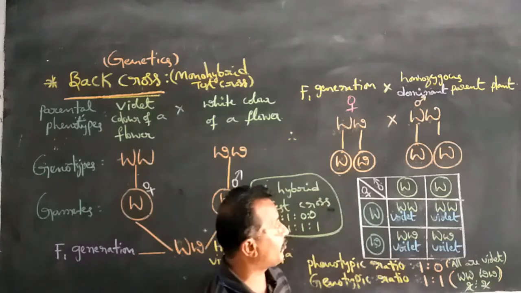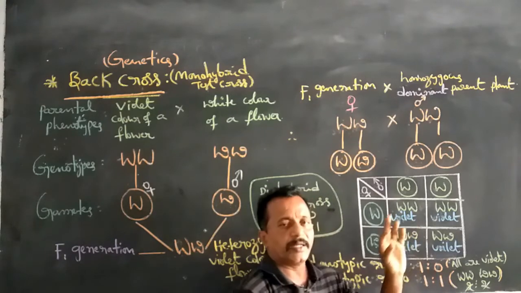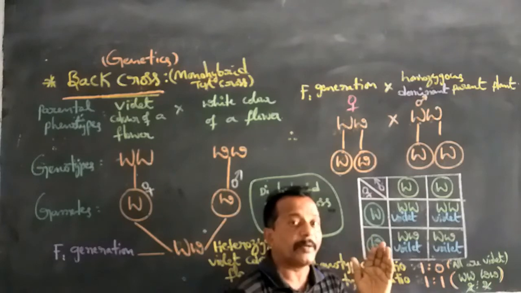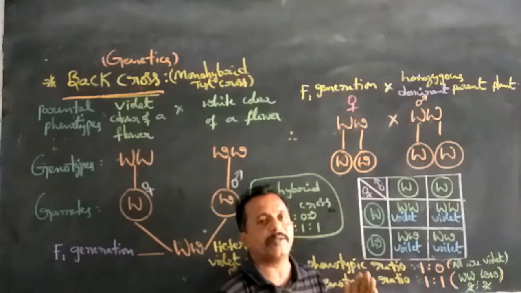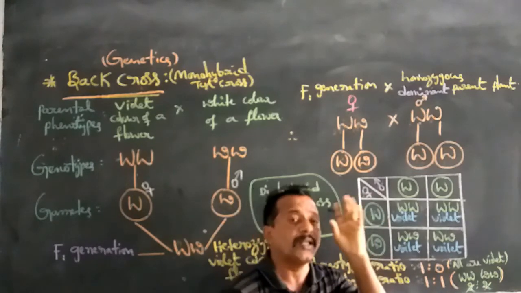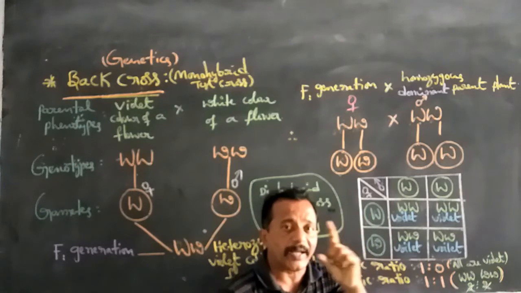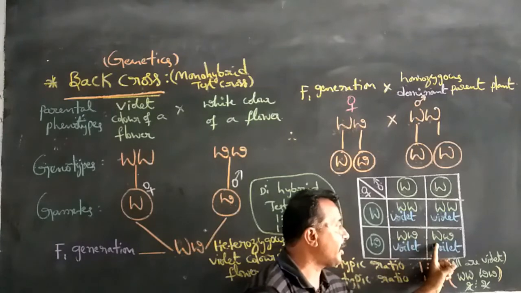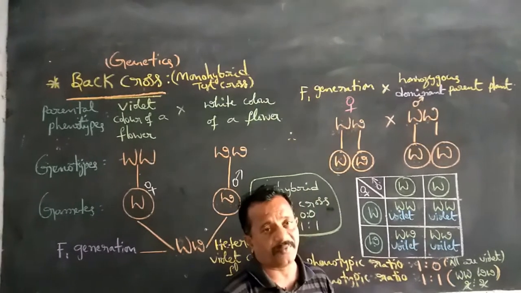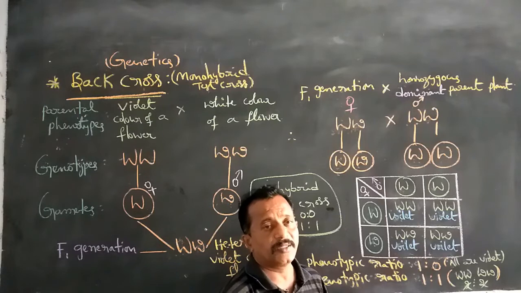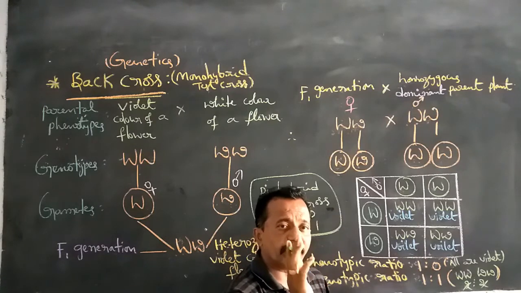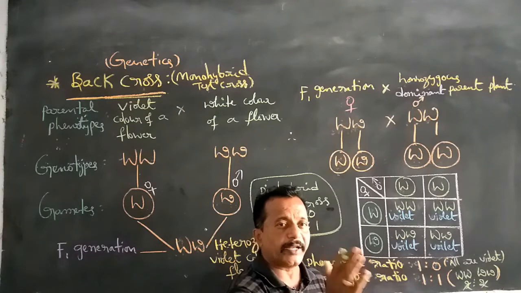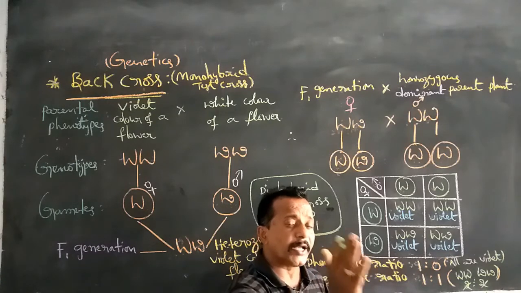That is 1:1. Genotype means the genetic makeup of an individual organism. One individual organism is homozygous violet, another individual organism is heterozygous violet. So in the F2 generation of the back cross, there are two types of individual organisms.